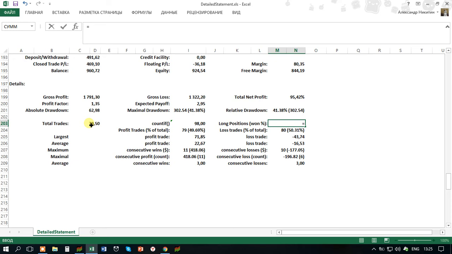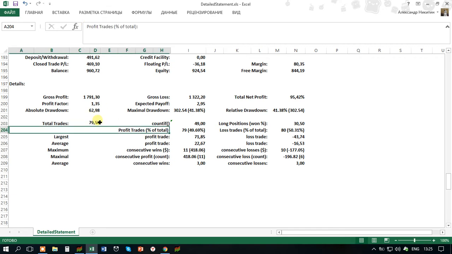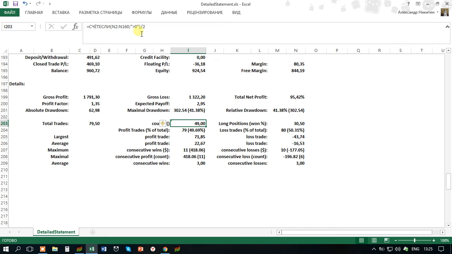Easily we will find this. It equals total, oh sorry, minus this. I am to slightly change this, divided by 2, because we need them to be divided. We have half of them being patterns, not trades but patterns, and of course half of winners should be patterns, not trades but patterns.